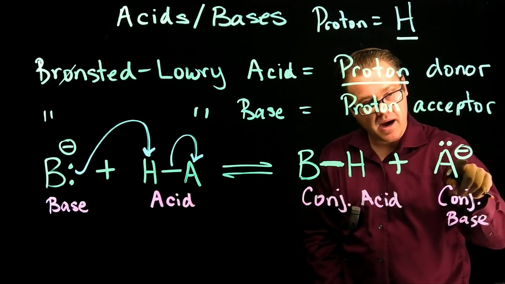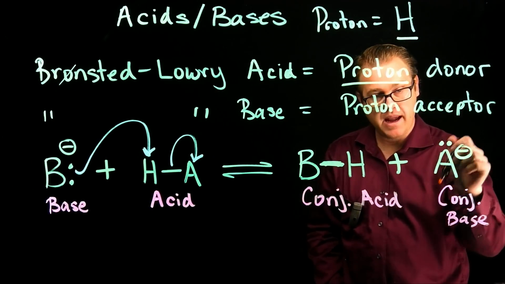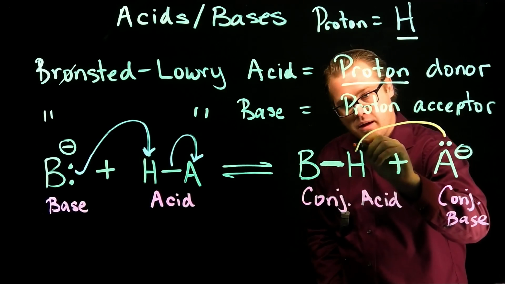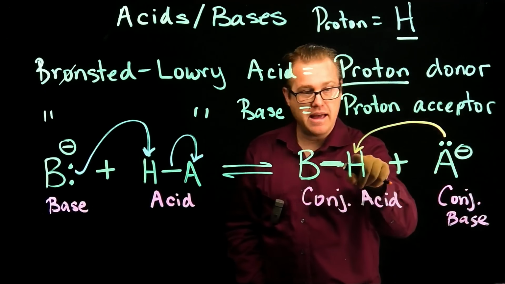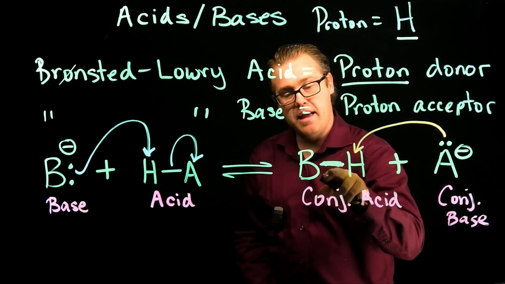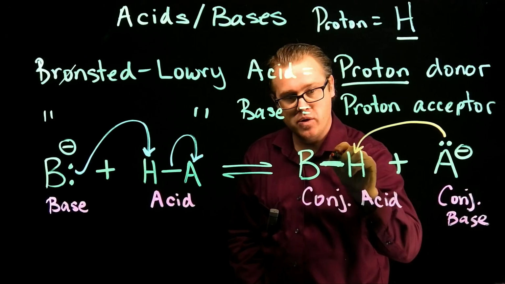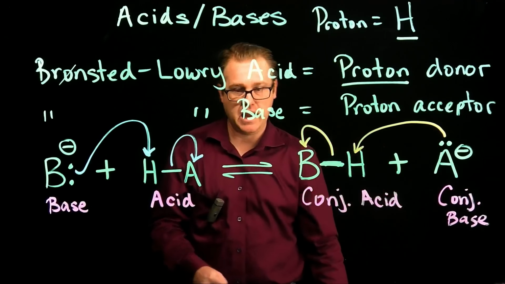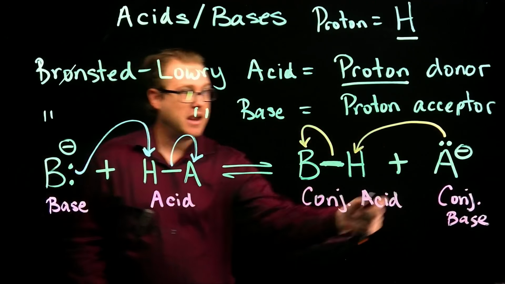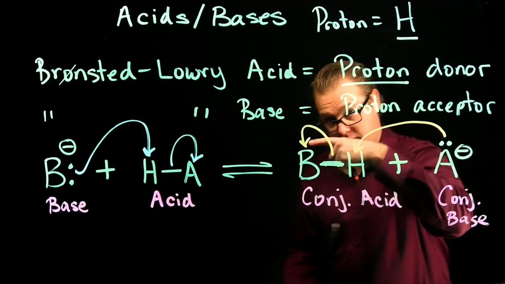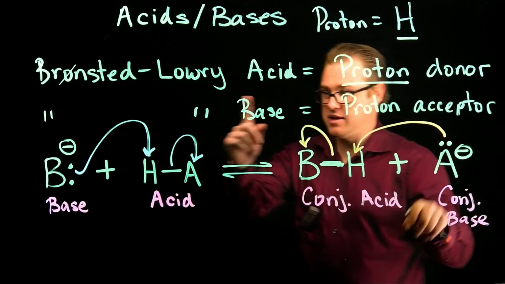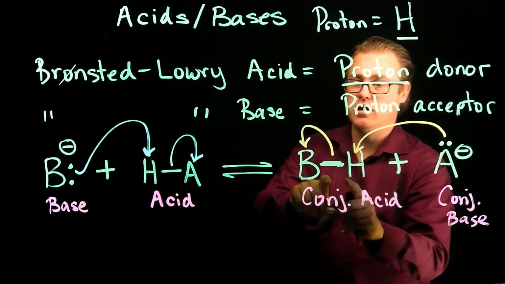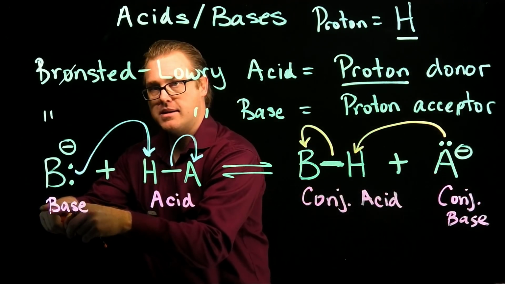So this A minus is considered a conjugate base because its lone pair can come and abstract that proton. Then this BH bond is going to break, putting the lone pairs back on the B, which you can see going in this direction turns into the acid, and the conjugate acid here turns into the base.